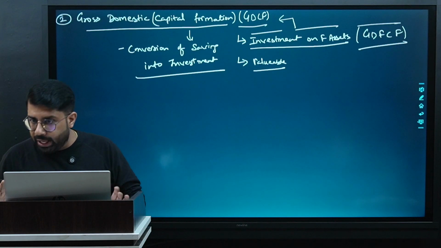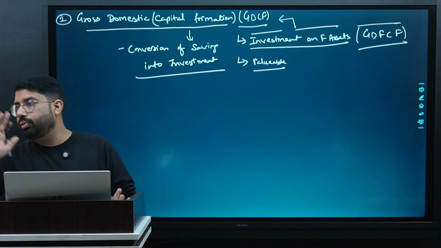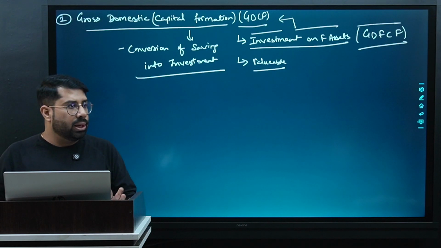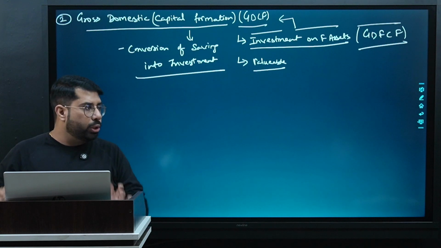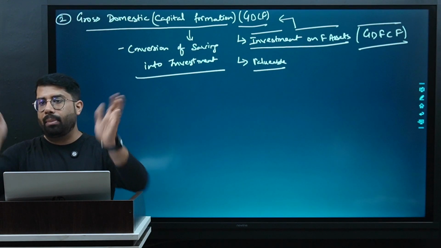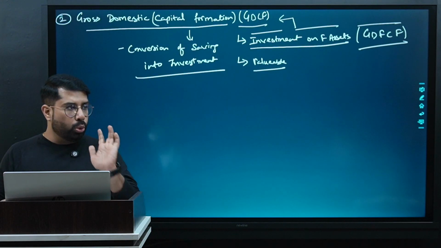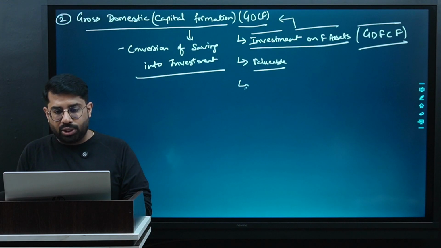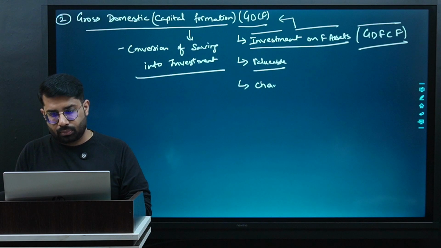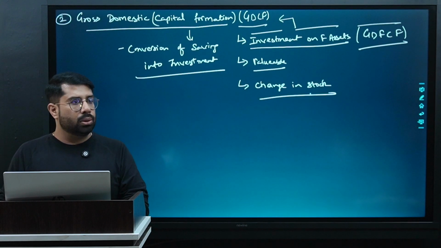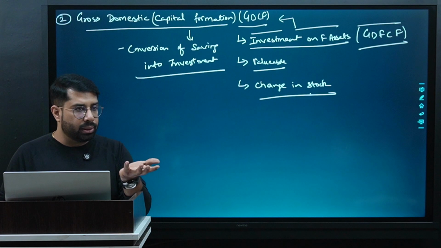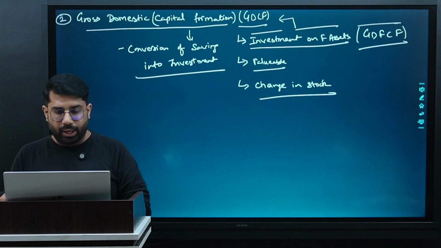In GDFCF, we talk only about the fixed assets, whereas in GDCF, we talk about the total domestic capital formation. Are we clear? So, just to give you one value, we will also add change in stock here. Change in stock means inventory management, inventory investment. That also we will take here.